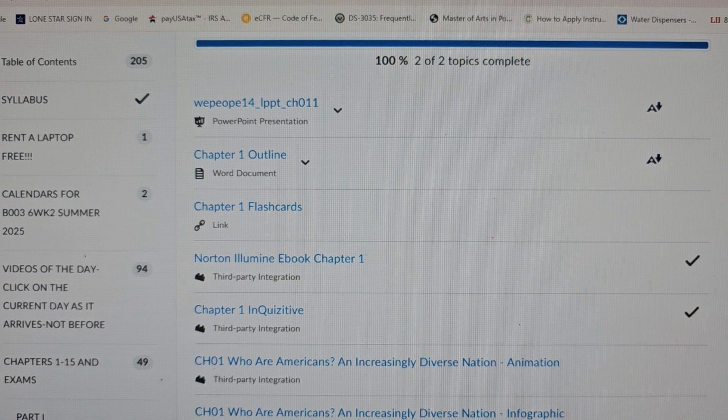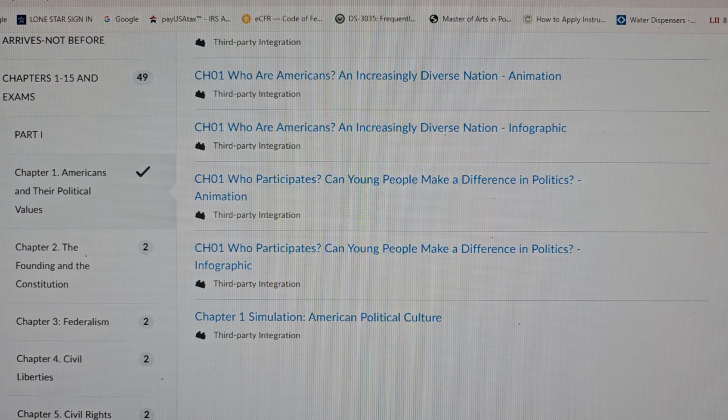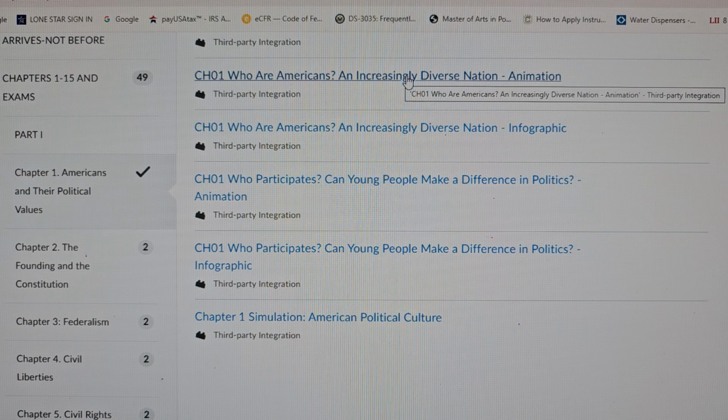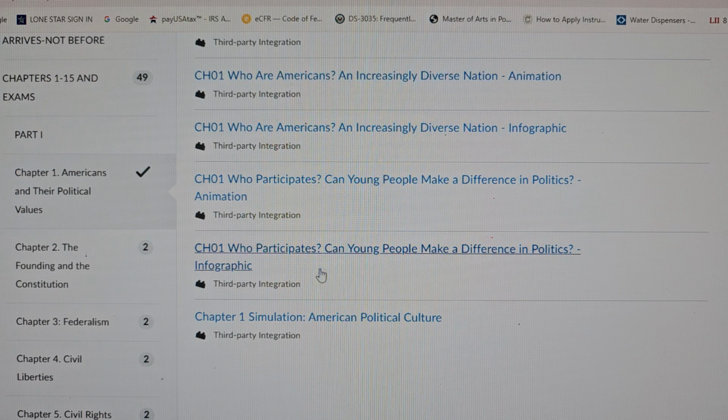Okay, now these other exercises here, I'll leave them up there in case you're interested, but these are not required. You do not have to do these. If you want to do them, you can. It might show a grade when you do it, but it doesn't count. It does not count on your grade one way or another. So you do not have to do these.